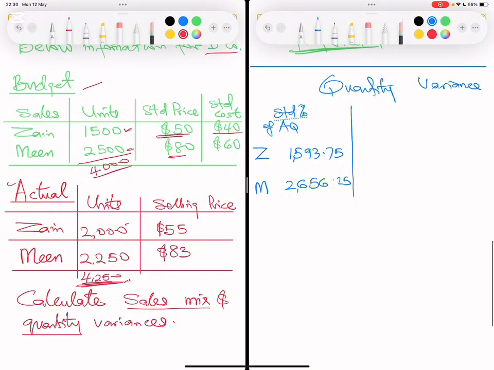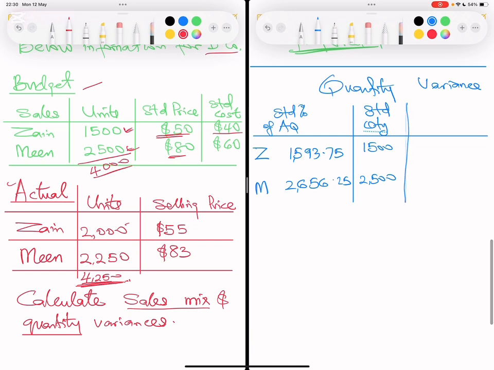And we're going to have the standard quantity, because this time around we have to compare with the standard quantity, which is our budget. And that is 1.5 and 2.5. Valuation always at the standard margin. And we know the margin to be 10 and 20. We'll calculate the variance quickly.